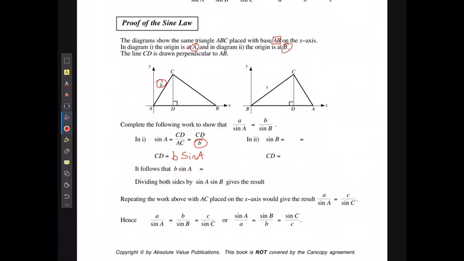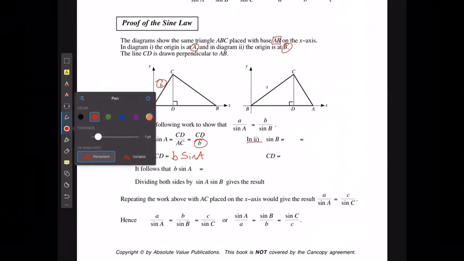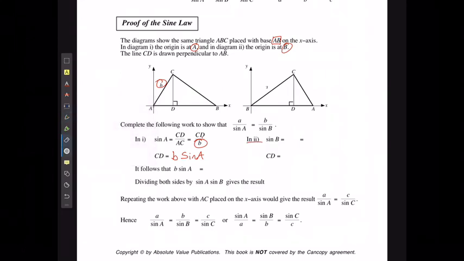If b times sine A is equal to this, well, what happens if I take a look at the second case? I'm going to say that for sine B, from this angle here, sine B is going to equal the opposite, CD, divided by BC, which is our hypotenuse.